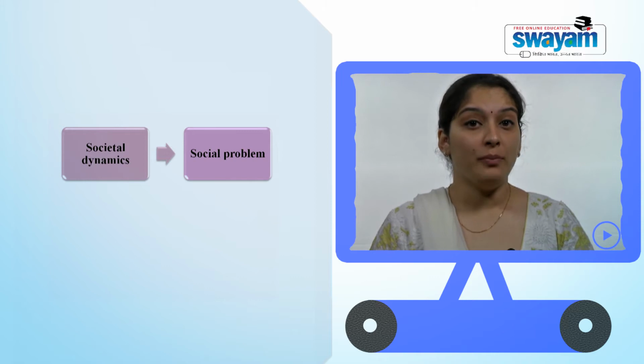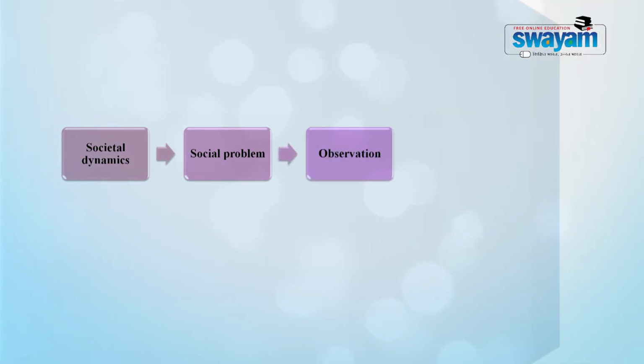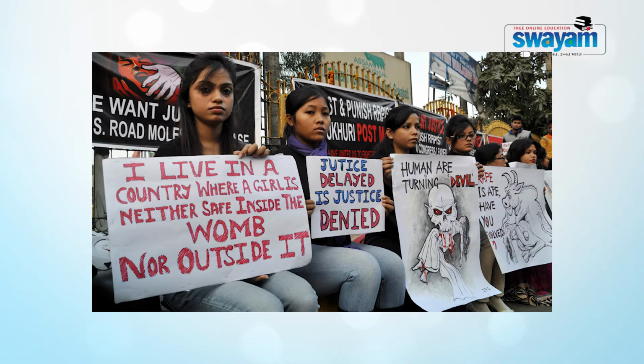These societal problems are observed by different people in different ways, and these different observations give rise to different research problems in the minds of different researchers. Let's take for example the problem of increasing number of rapes in India.